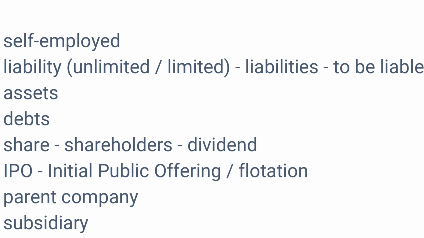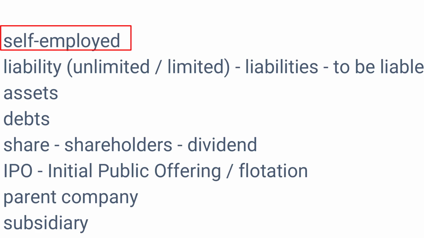So the words that I have on this list are self-employed, liability, which can be unlimited or limited, liabilities, and to be liable for, assets, debts, shares, shareholders and dividends, IPOs, which is an initial public offering or a flotation, and a parent company and subsidiary. So let's just go through this list and make sure that you understand these expressions.